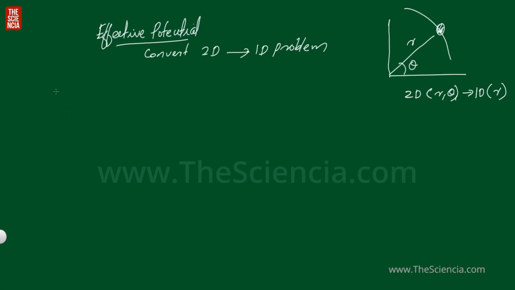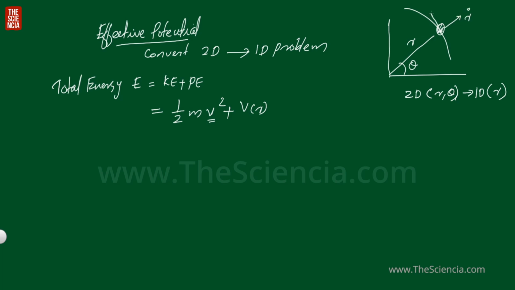First of all, we know the total energy, that is, E equal to kinetic energy plus potential energy. And kinetic energy is, generally, half m v² plus here the potential is V(r). And you know there are two velocities, one is radial velocity and one is transverse velocity, that is, r θ̇.